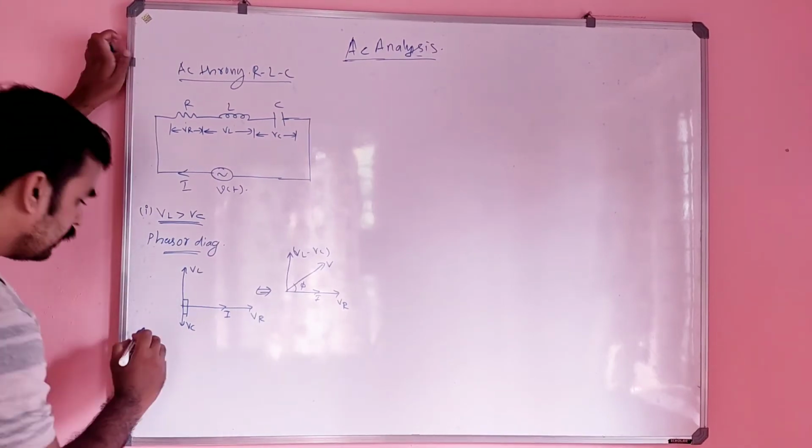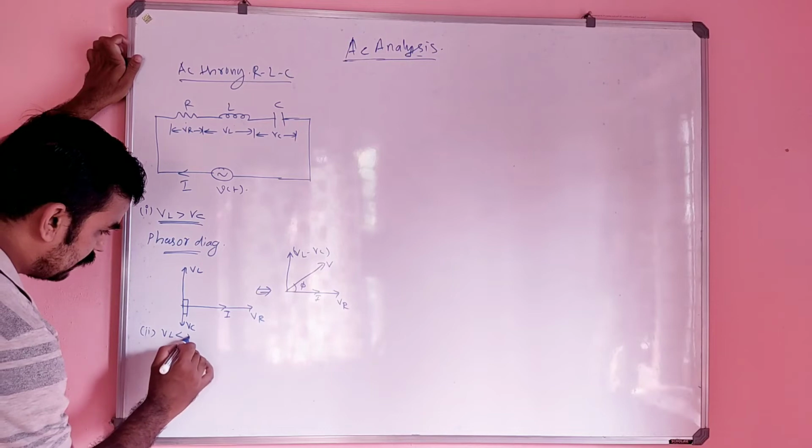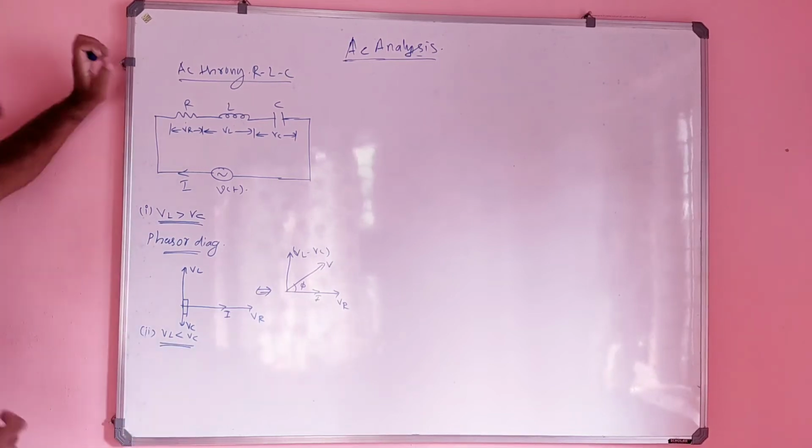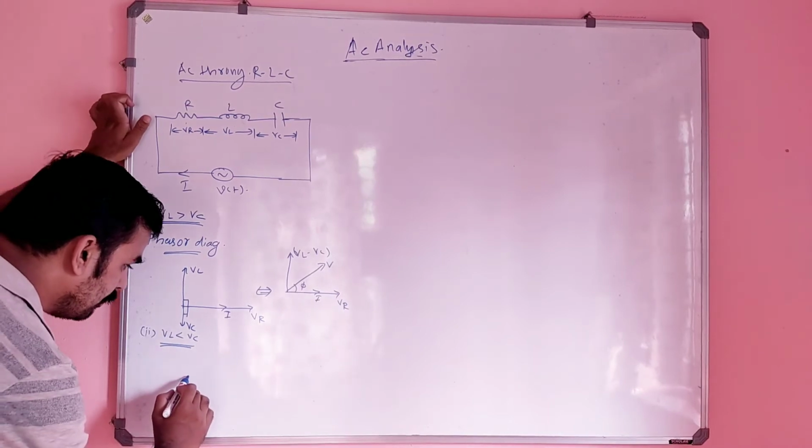And what happens in case 2, when VL is less than VC? Then what will be the phasor diagram?